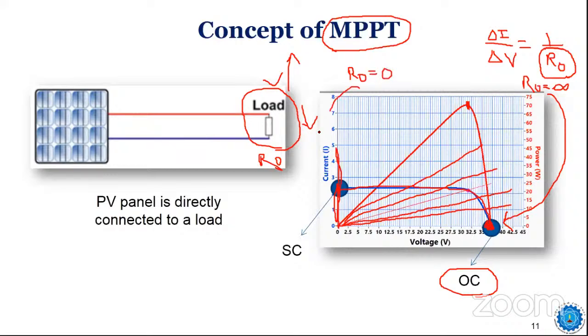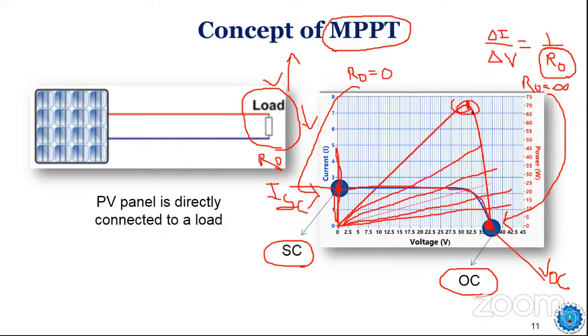So R naught corresponding to this point will be 0, and the circuit will behave like a short circuit. That is the reason this current is called the short circuit current, and the corresponding voltage on the x-axis is called the open circuit voltage. So we are drawing a curve exactly like this, with VOC and ISC.